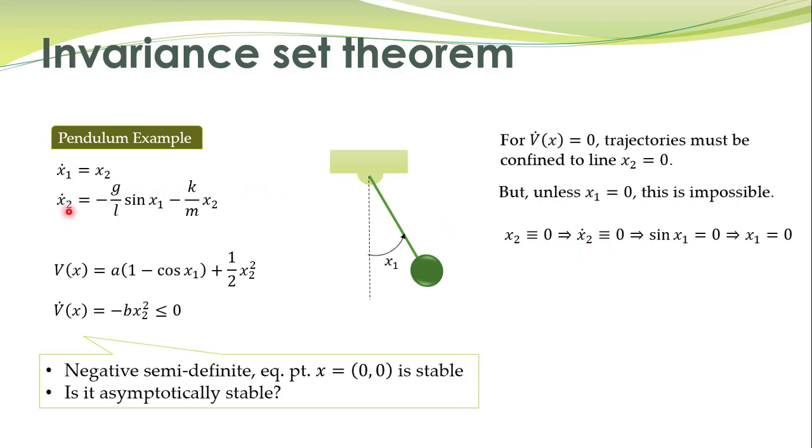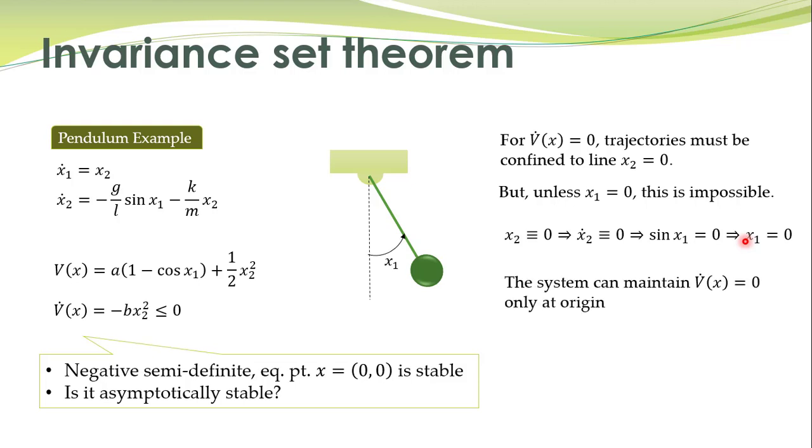From this equation, x2 equal to 0 and x2 dot equal to 0 means sine of x1 is also equal to 0, which means that x1 is equal to 0. So x2 can be identically equal to 0 only when x1 is also equal to 0. That means the equilibrium point of this system at the origin will be asymptotically stable.